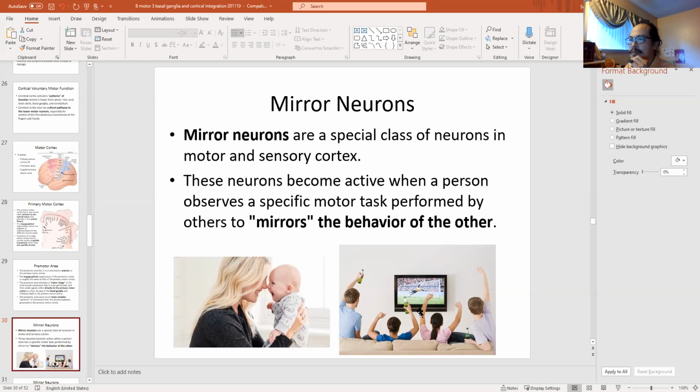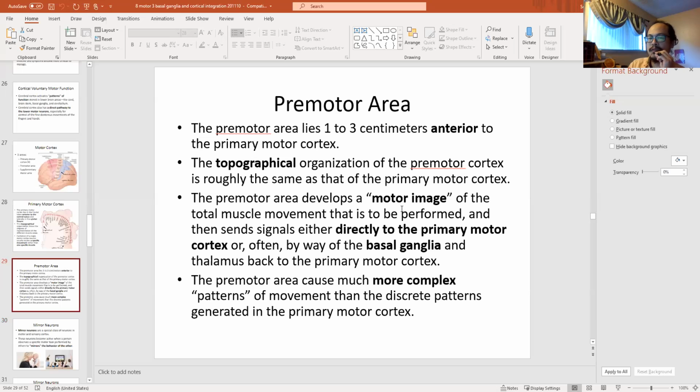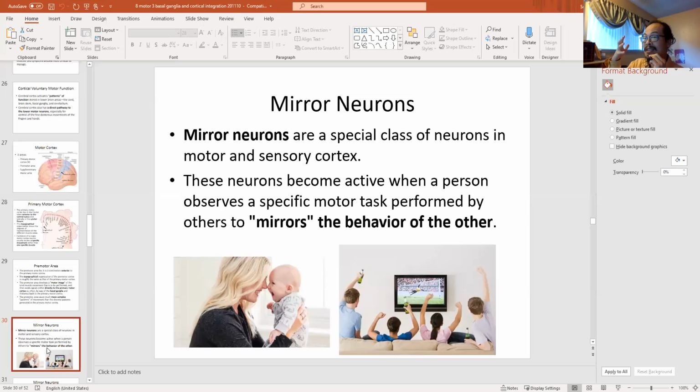So that is the mirror neuron. For example, when people smile at you, you smile back, right? That is part of the mirror neuron. The difference between the mirror neuron and motor imagery is that motor imagery isn't related to the sensory, but the mirror neuron is related to the sensory to simulate a movement, but you don't need to do that movement.